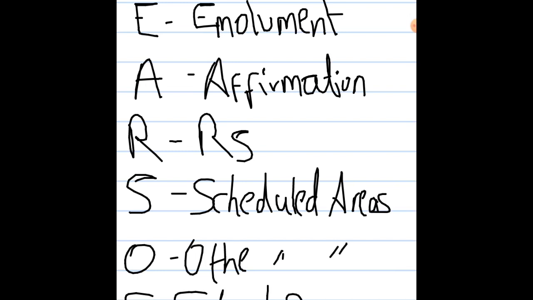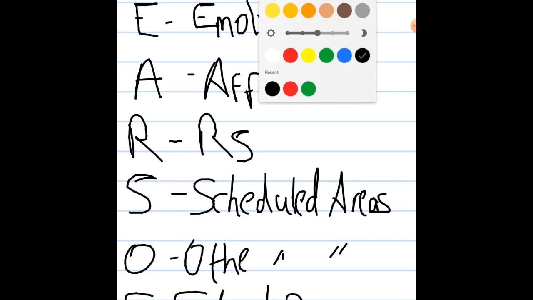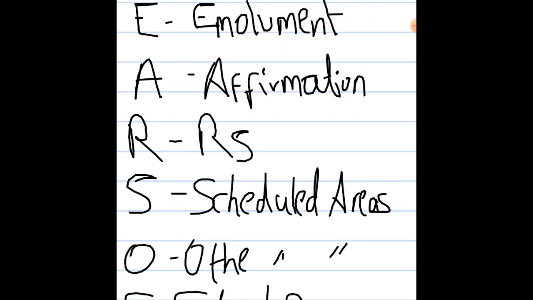It covers the oath of all the executives of India and also the judges of the High Court and the Supreme Court. So the territory is over, emolument is over, oath and affirmation is over.